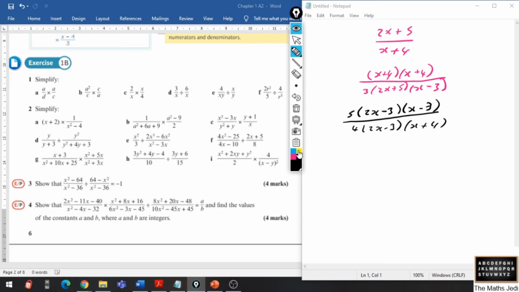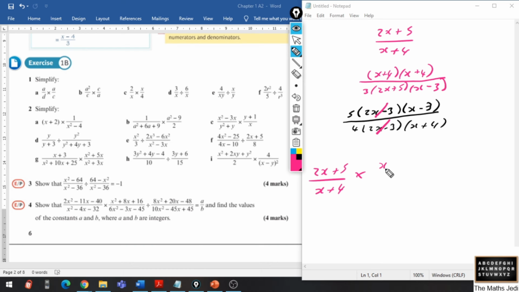In terms of some cross cancellation, we can do some things here. So this last sum, you can see straight away I've got 2x minus 3 on top and bottom. And then what I will have is this multiplied by this multiplied by this. So we can do one thing at a time and we can work our way through. So I'm going to write it all out as one sum. So this is the first fraction.